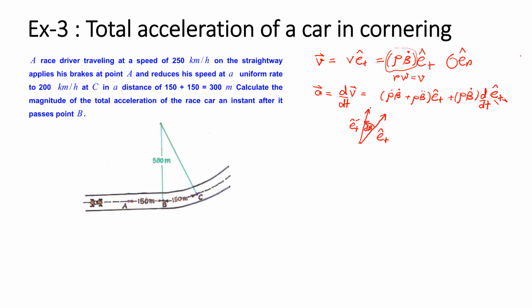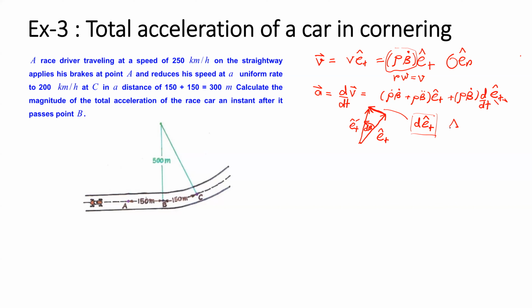So if we want to find this distance, it is the vector d of the unit vector, the difference of the unit vector. It's also a vector.